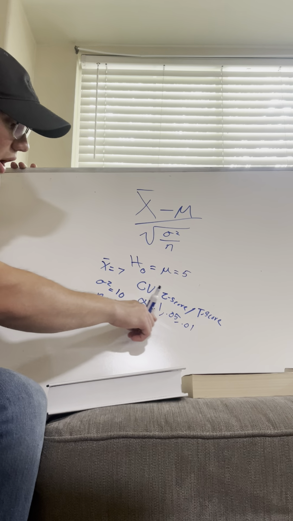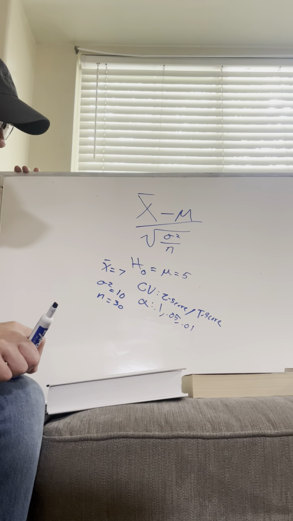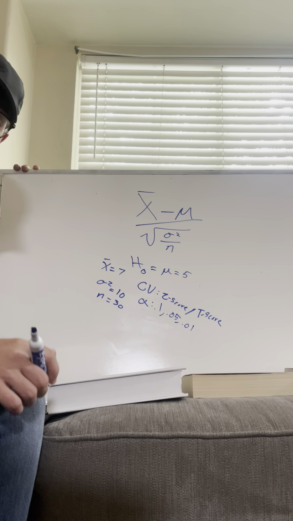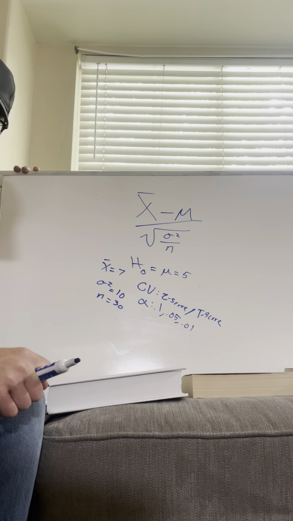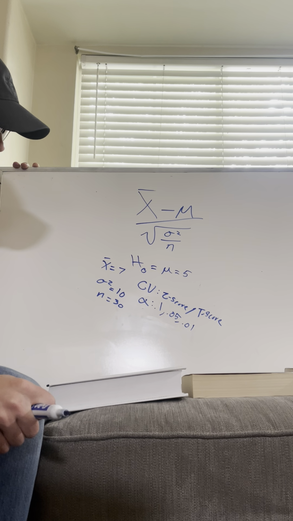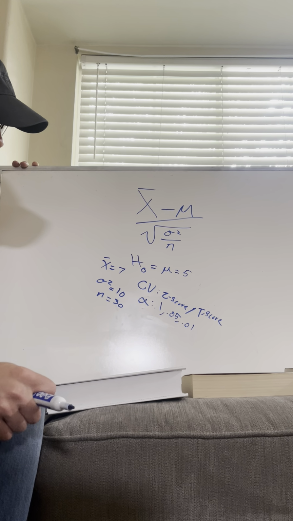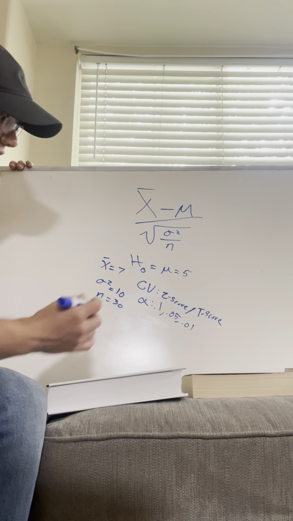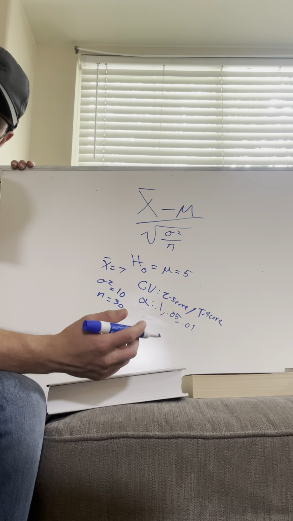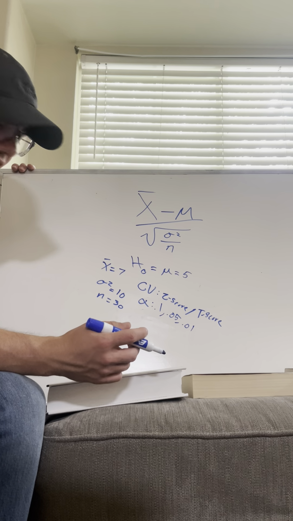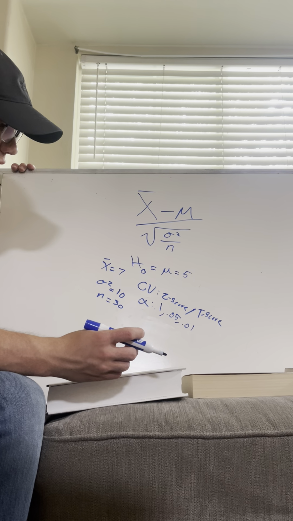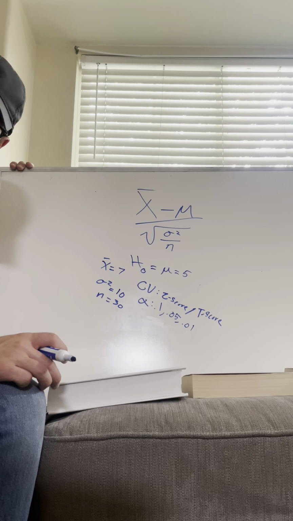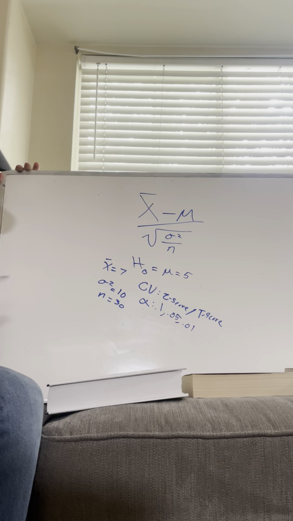So all of these probabilities, 0.1, 0.05, and 0.01, have corresponding scores on the z-table that we can go to. And so what you'll do is you'll take your level of significance, go to the z-table, and find the corresponding critical value that has 5% lying above that critical value.